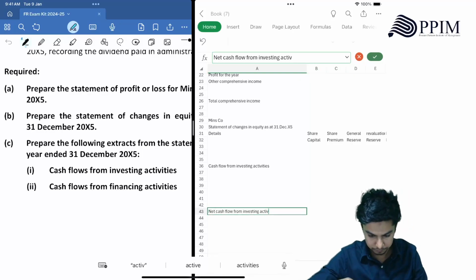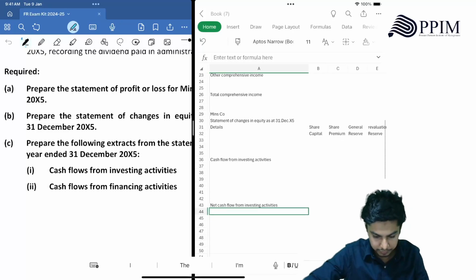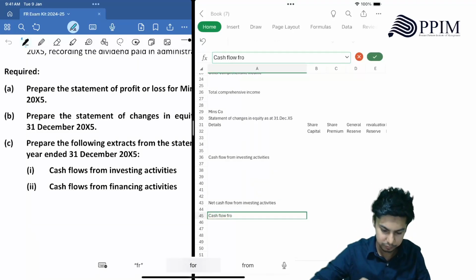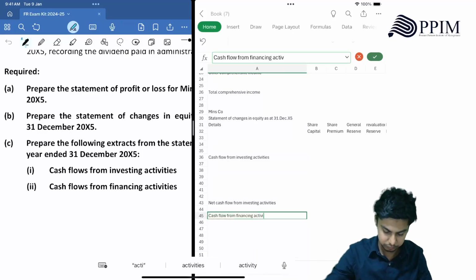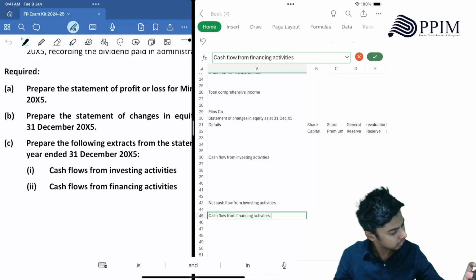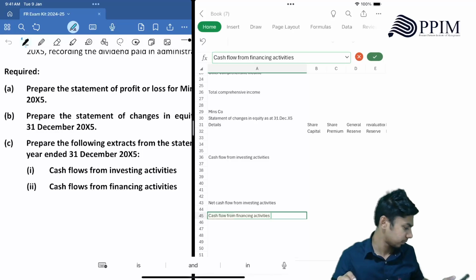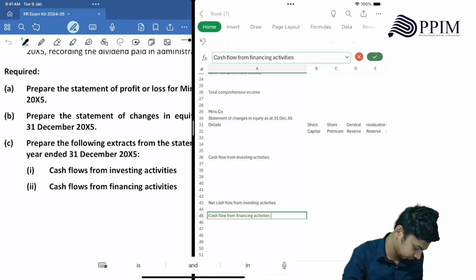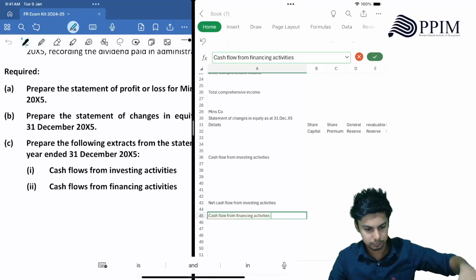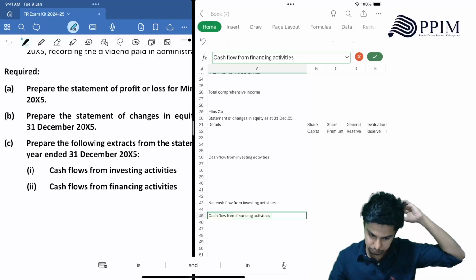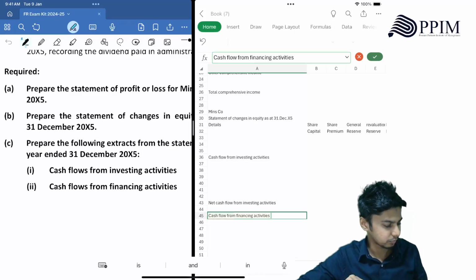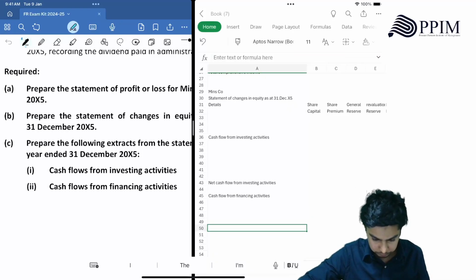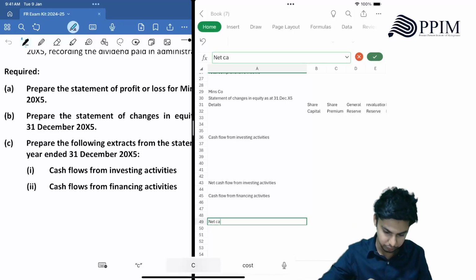And again they have cash flow from financing activities, then we have net cash flow from financing activities.